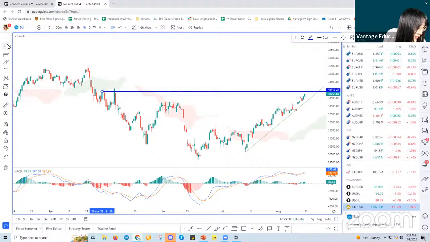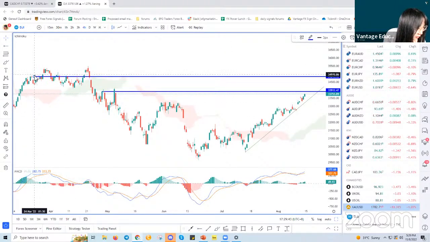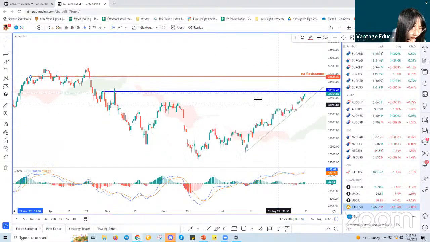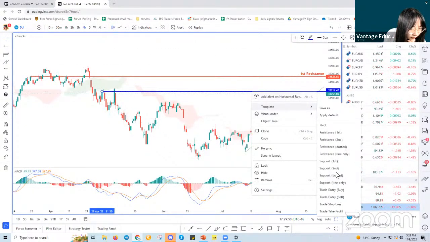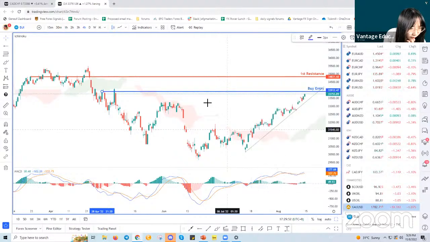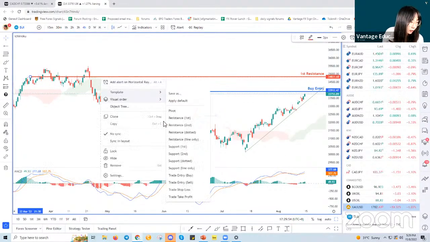So if the price goes up, I expect the price to go all the way to here. Here could be our take profit.